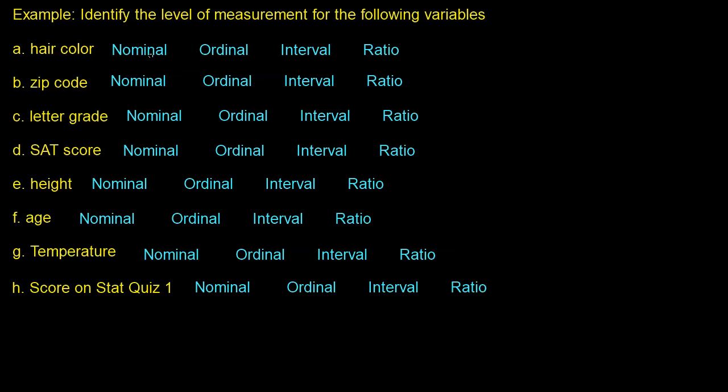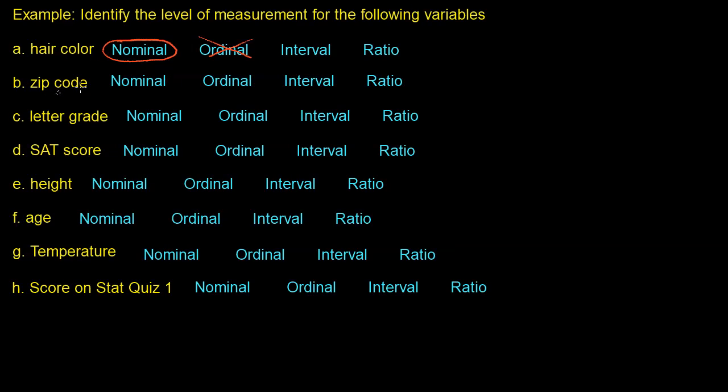Well, it's different categories of hair color: blonde, brunette, redhead, what have you. But there's no order to hair color, right? Having one color of hair doesn't make you better or worse than someone with a different type of hair color. So because we stop there at ordinal, we know it's not ordinal, so it must be nominal. Hair color is nominal level of data.